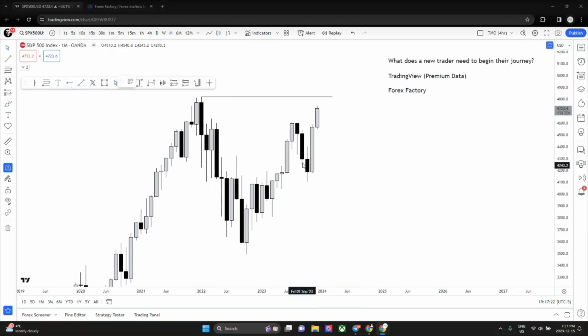So mostly what we'll be focusing on is liquidity, the types of liquidity. You have internal liquidity, which is like fair value gaps and so on, things that I'll explain if you're new soon. Don't worry. We have fair value gaps, old highs, old lows.